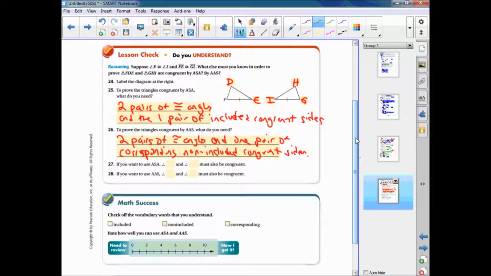Okay, so it's a little bit different. In angle, side, angle, we want the side to be between the 2 angles, and in angle, angle, side, we want the sides to be corresponding, but not between the 2 angles.